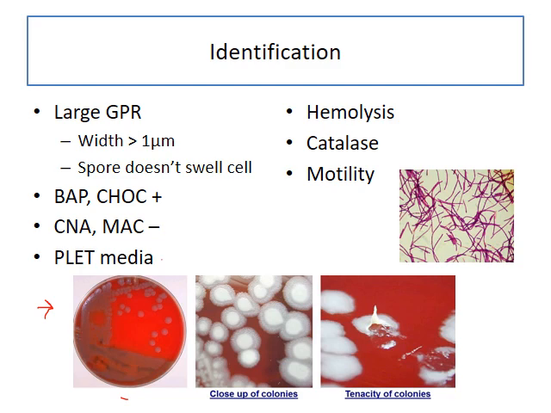Okay. There are other colonies that will give you the tenacity, but the medusa head feature with the dense central area and then the squiggles out from that, that's pretty characteristic of anthracis.